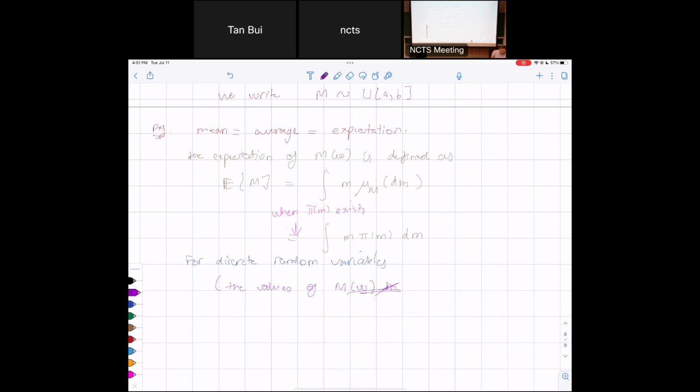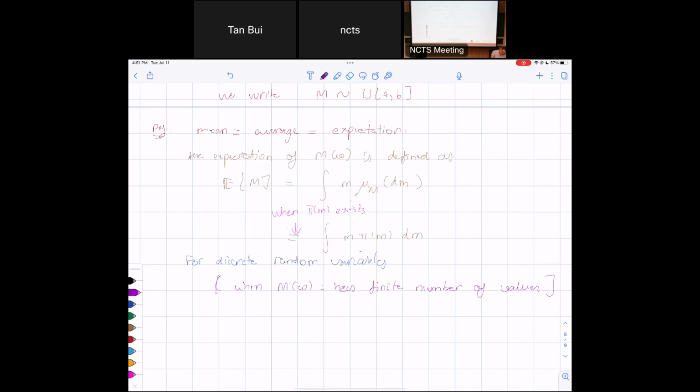When M of omega has a finite number of values.